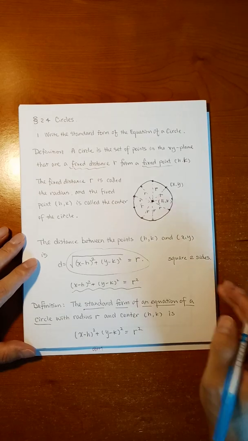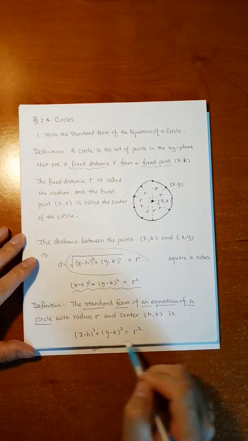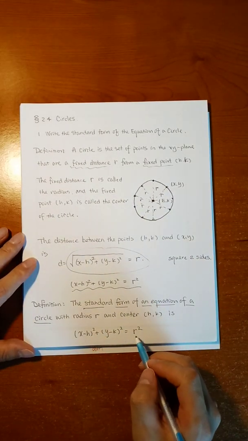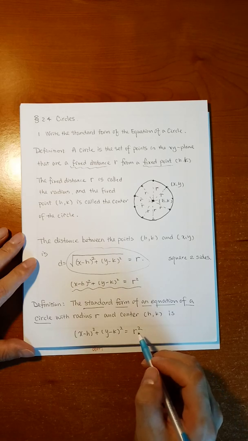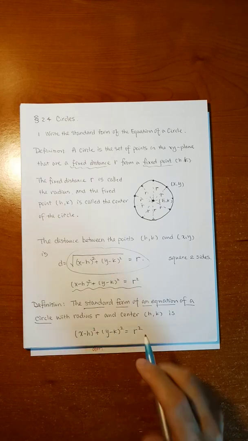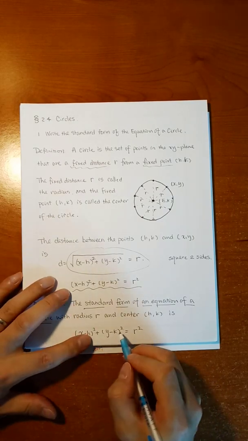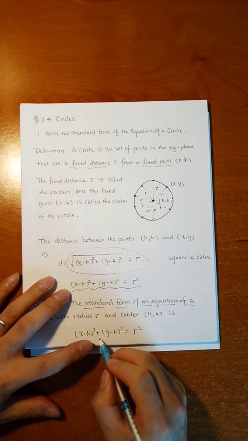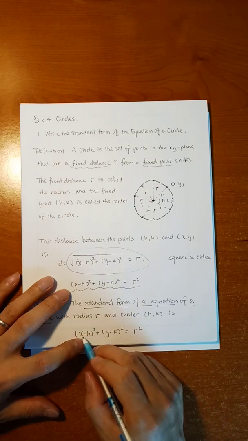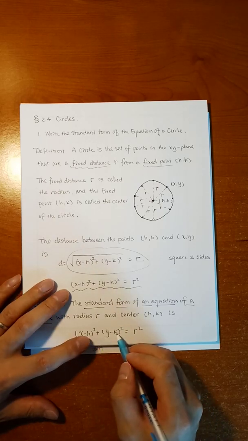So let's study this standard form. The right side is r squared, which is always positive. And the left side is a sum of two squares, x minus h and y minus k. They both are squared.